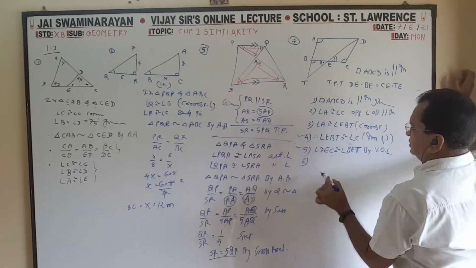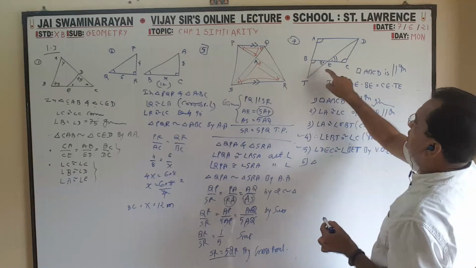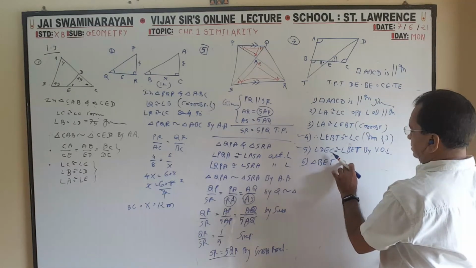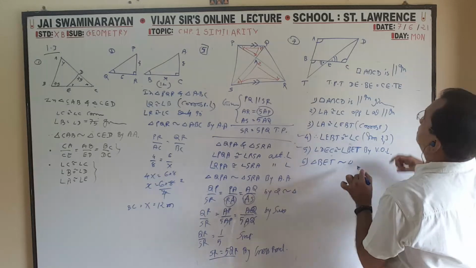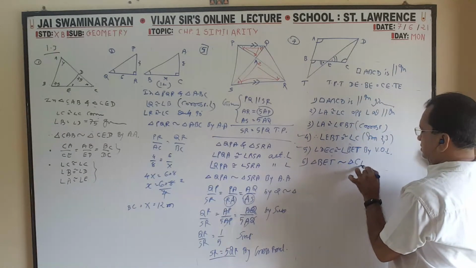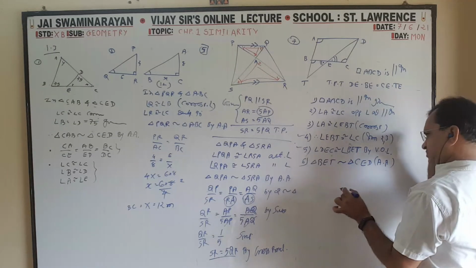From this and this we can say triangle BET is similar to triangle CED by AA test.